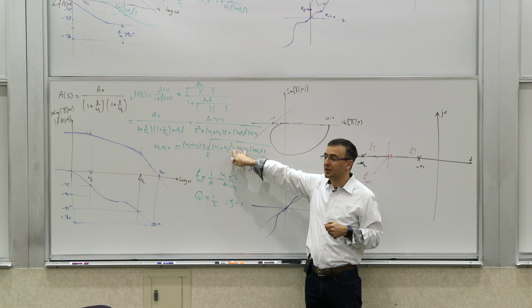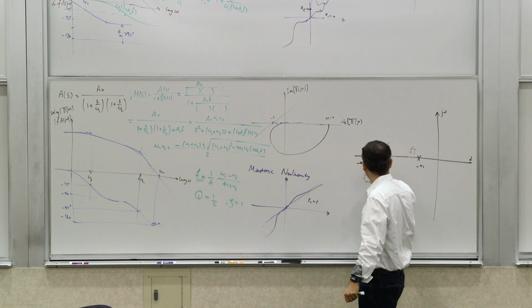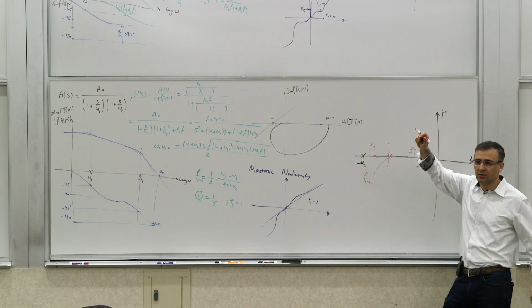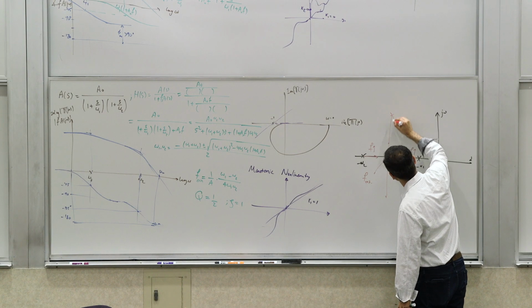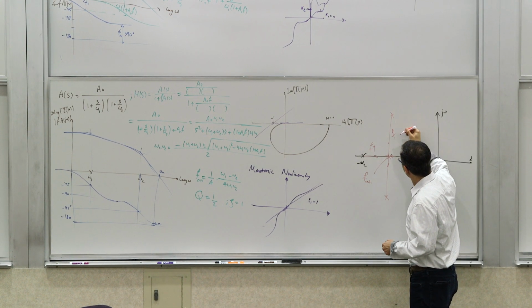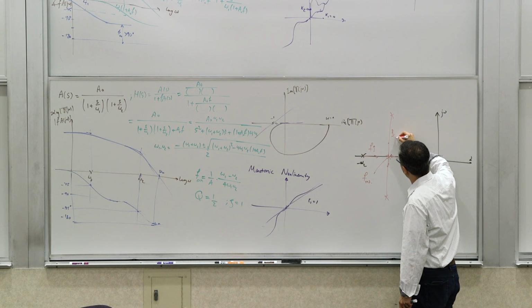So you get two complex poles that have the same real part, which is exactly the halfway point. The real part doesn't change, but the imaginary part starts increasing. So the poles start moving this way and that way. You have a pair of complex conjugate poles that are moving away, and they become less and less damped. So you go this way.